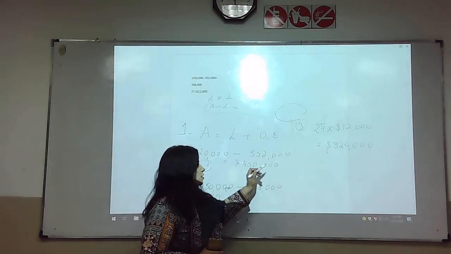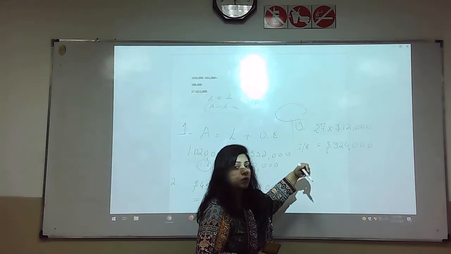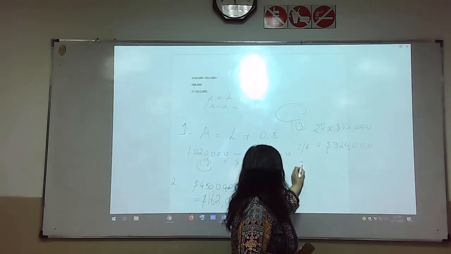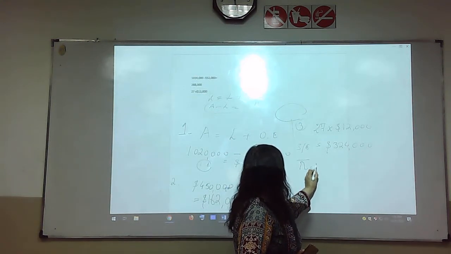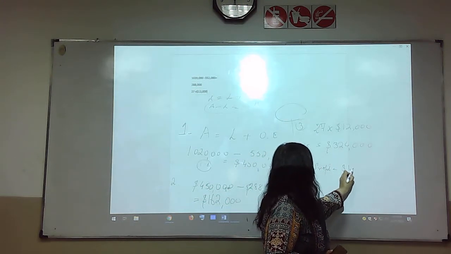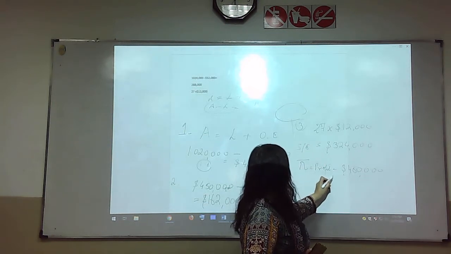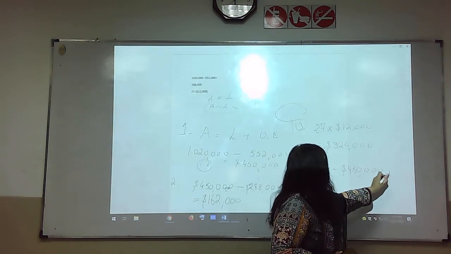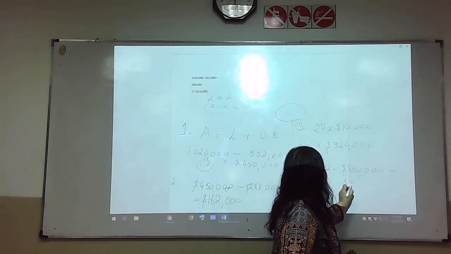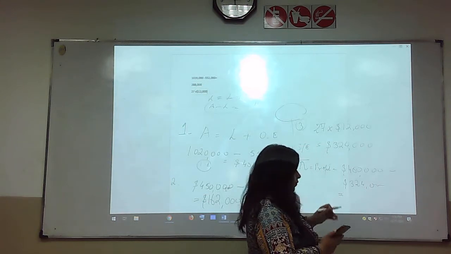So the total shareholders' equity was $324,000, and what was the profit of the business? The profit is equal to $450,000 minus $324,000, and the remaining amount would be the profit.